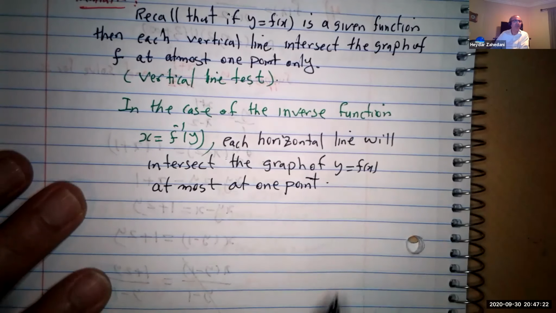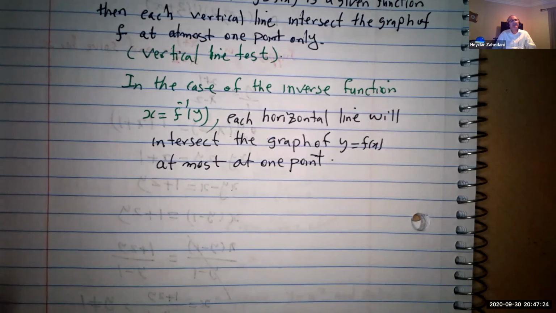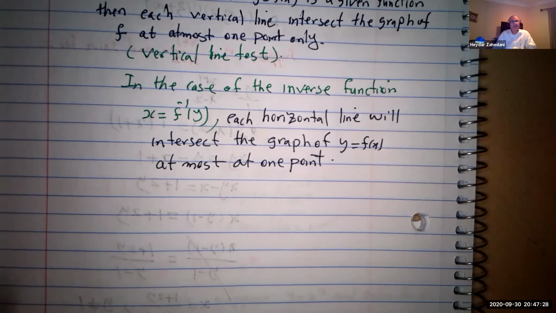So this is going to be a test for geometry, that a function would be given by its graph, and they ask you whether this function would have an inverse.